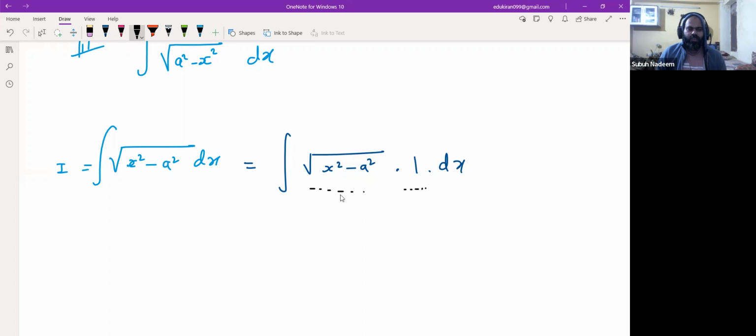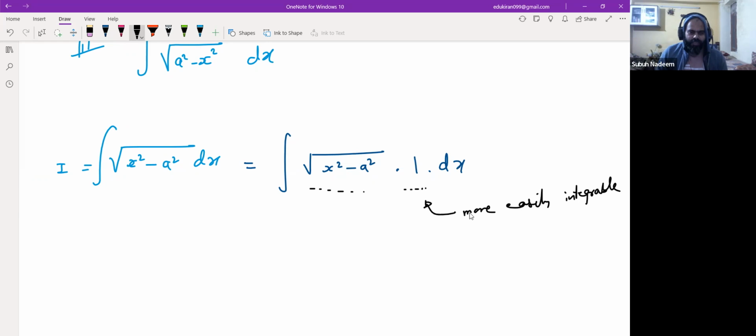In such a situation, if both are the same type of function, we take v which is more easily integrable, because integration is difficult, differentiation is not difficult. So here 1 is more easily integrable because its integration is x. Root over x square minus a square, its integration is the question itself, so it is already difficult.